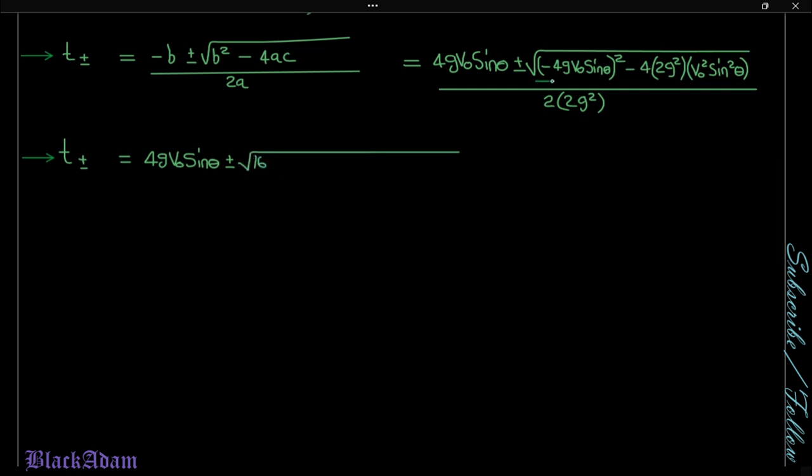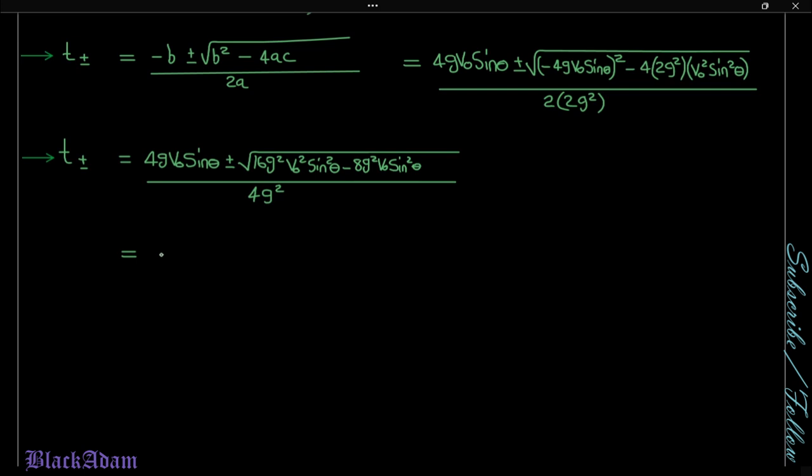We square everything inside, it's going to be 4 squared is 16, g squared, v initial squared sine squared theta, all of that minus, so we multiply whatever we have there, minus 8, 4 times 2 is 8, g squared, and then we have v initial squared and sine squared theta. That's what we have. All that divided by 2 times 2 is 4, so it's 4g squared. We simplify further.